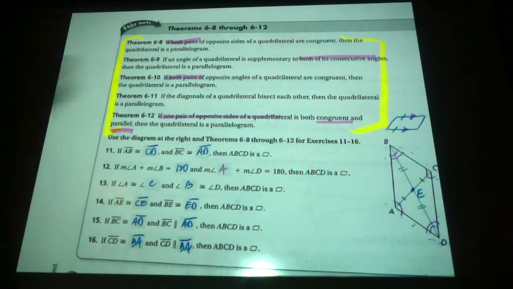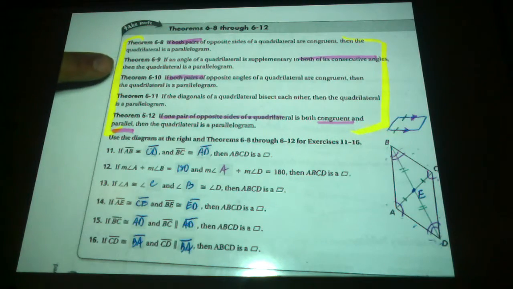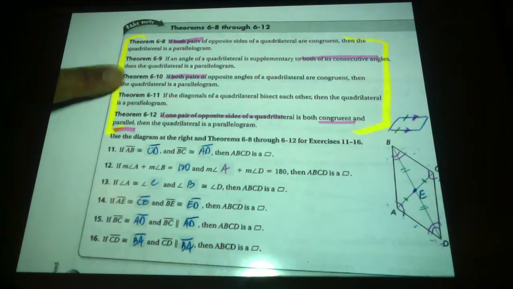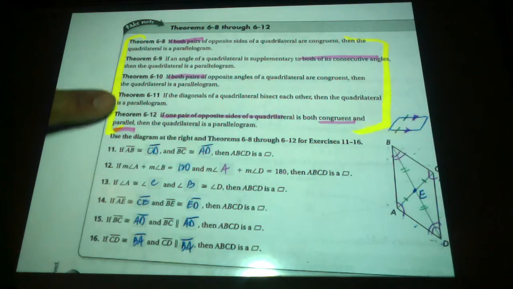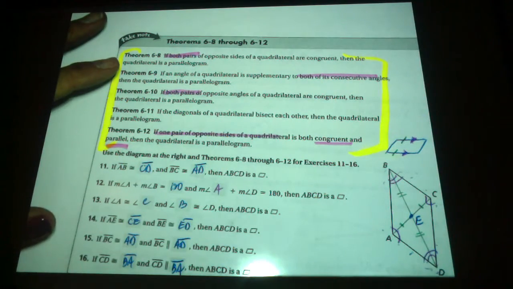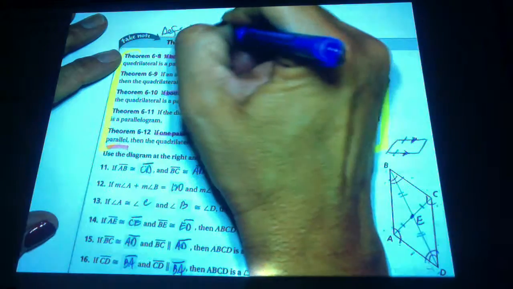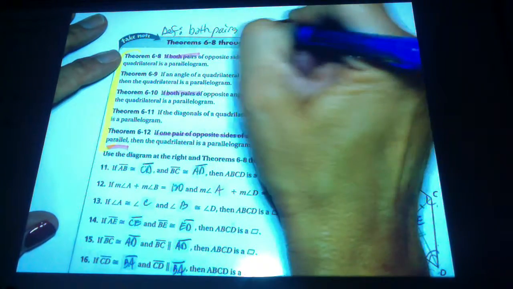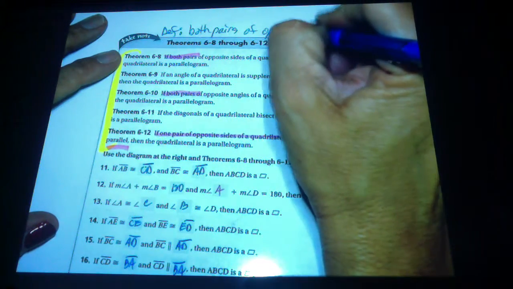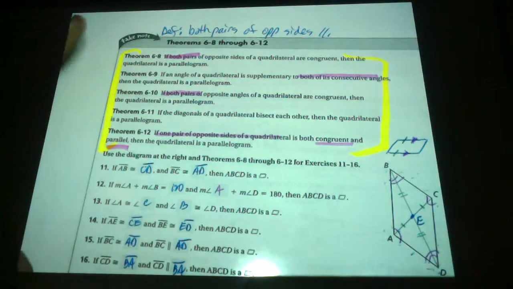Well, okay, so let's look at this. Theorem 6.10 says both pairs of opposite sides are congruent. Did they label both pairs of opposite sides congruent? No. And then this one says both pairs. Our definition says that both pairs of opposite sides are parallel, and we only have one pair.